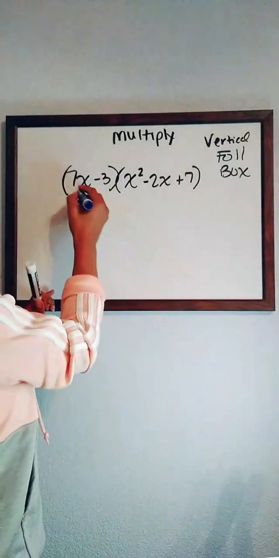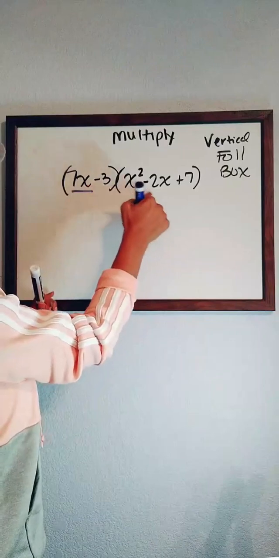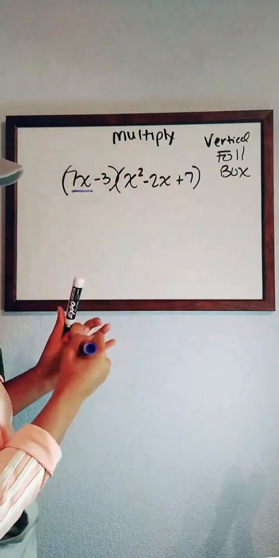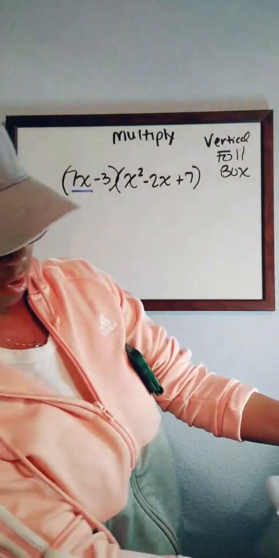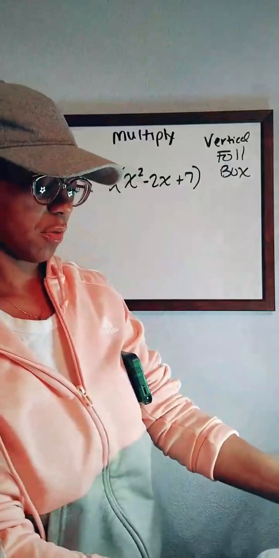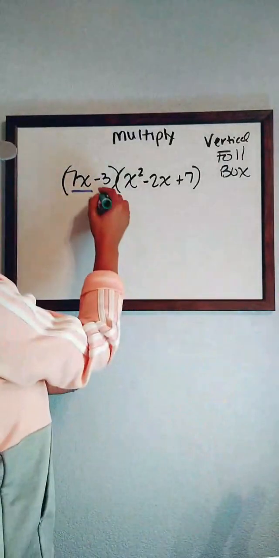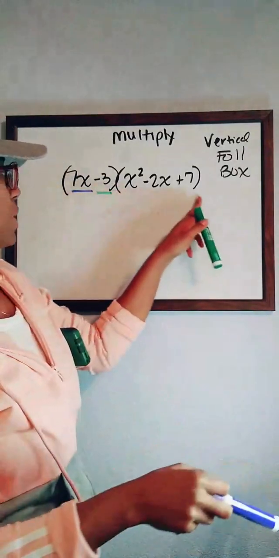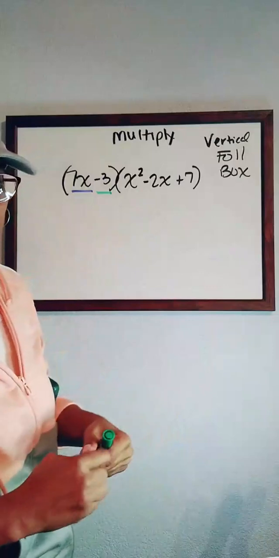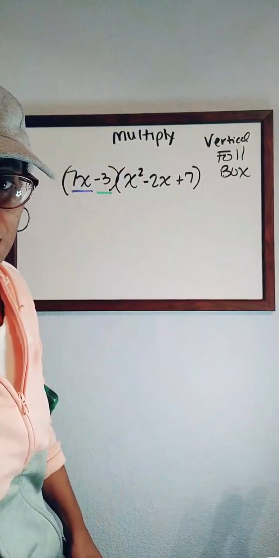So you'll have to take the 7x and multiply it times this, and then you'll have to take your 3x. A lot of people aren't familiar with the vertical method, but I feel like it's helpful. So just remember you got to multiply blue times everything and then multiply green times everything to make sure you get the answer. Everybody likes the FOIL method.